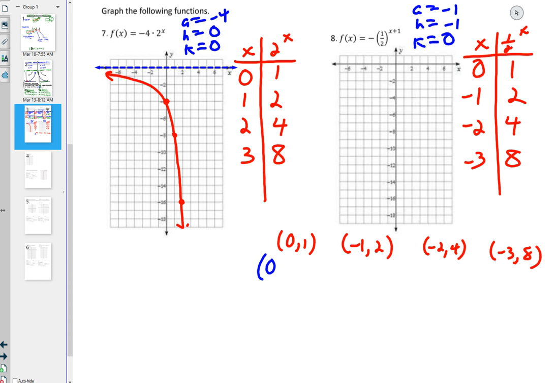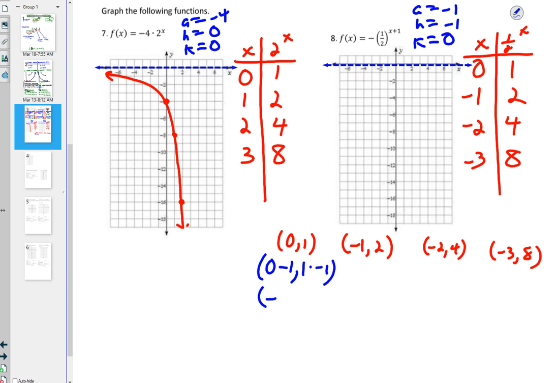Yeah, it's going to be at 0, at K. But now that I know that, let's do the transformations. What am I supposed to do with the x? Add H. What's H here? -1. What am I supposed to do with the y's? Times A, but plus K. But I told you we can ignore K, so let's just do times A.